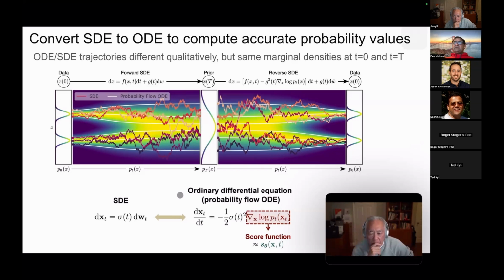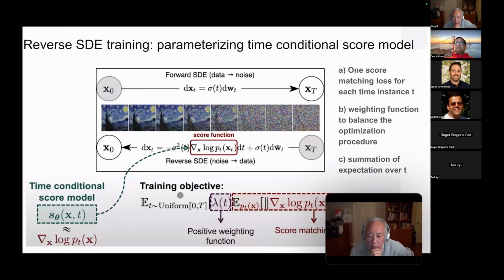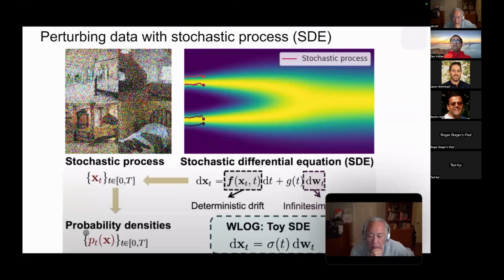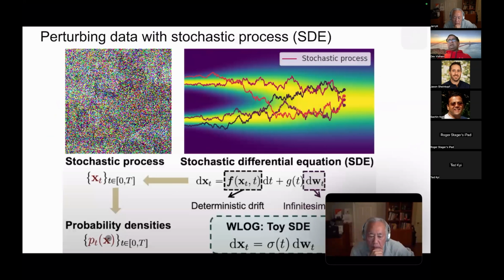And if you recall p_t, if I may go back to the previous slide, p_t is nothing but the probability density at any time step t.